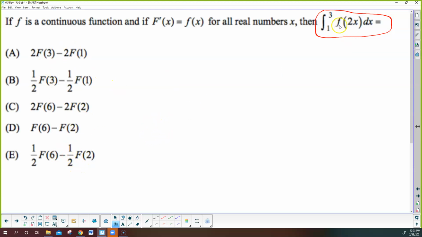Well, I can't do that until I do U-substitution. So what we're going to do is we're going to let u equal the inner part, the 2x. And then du is the derivative of that, so that's dx. But notice, I don't have an extra 2 here, so I do have to move this 2 over.